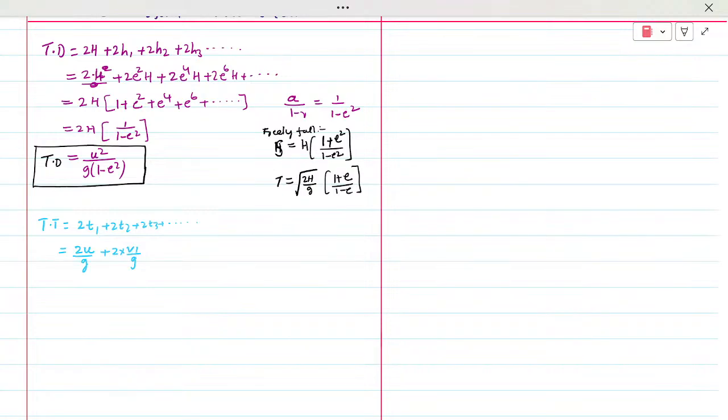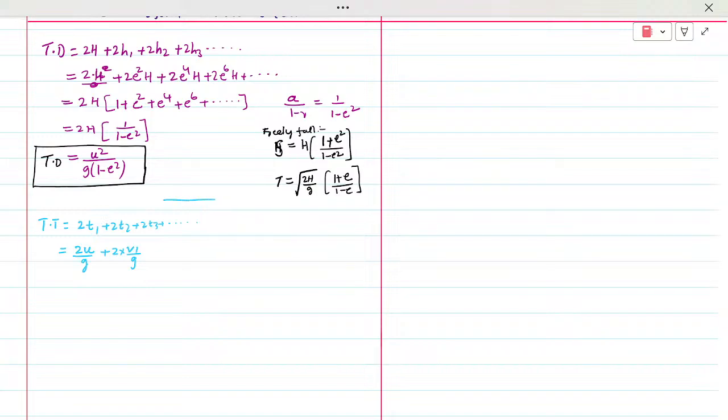After going up with u by g time and coming down before the first collision, it takes 2u by g time. Then it collides, the velocity changes into v1 and it goes up.